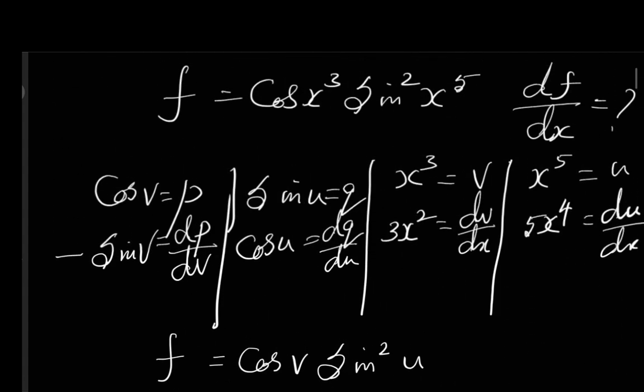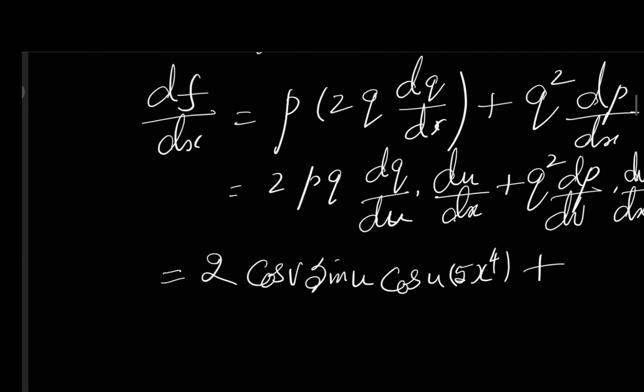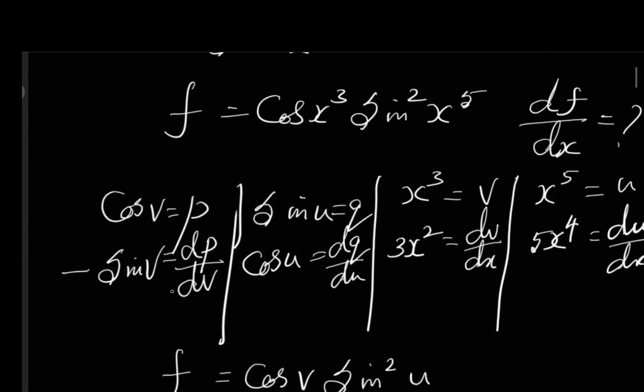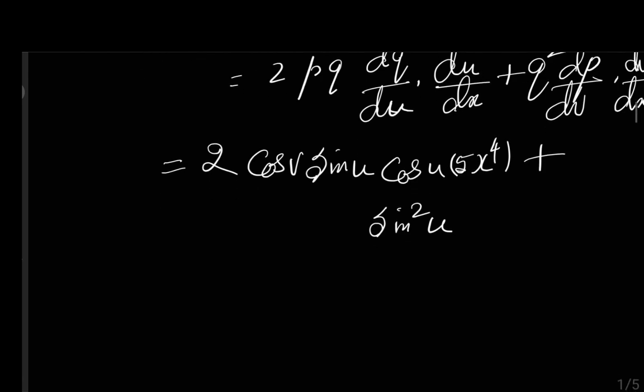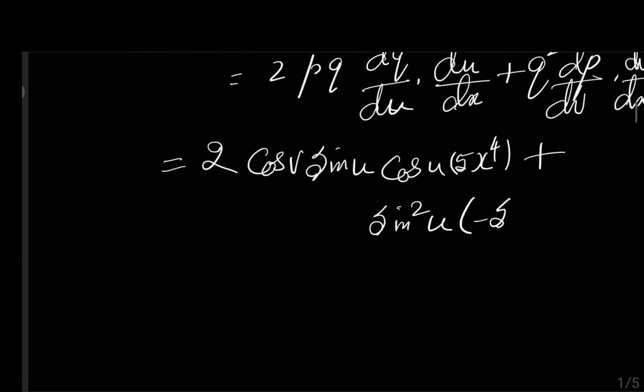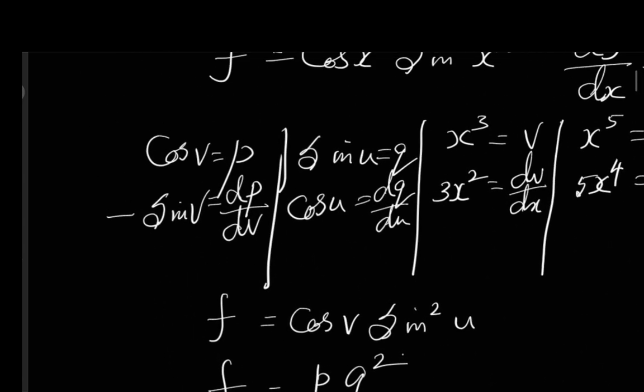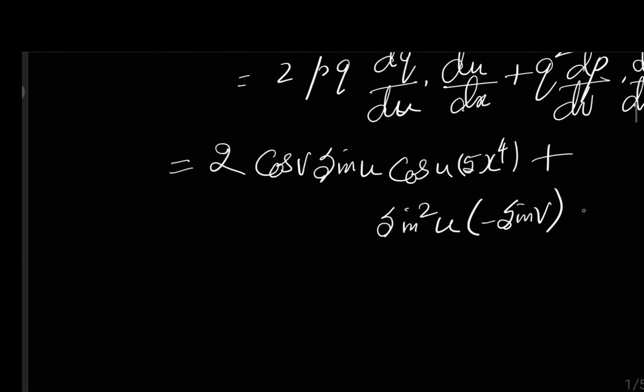Q is sin u, so sin² u. Then dp by dv is minus sin v. Just we make the substitution, that's all. Sin v. Then dv by dx is 3x². Still we need all the terms in terms of x only.